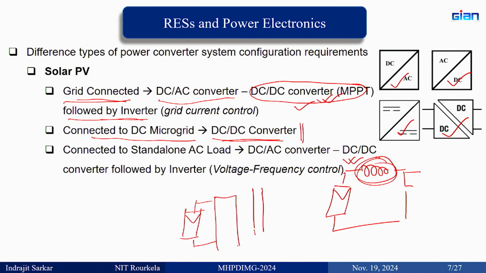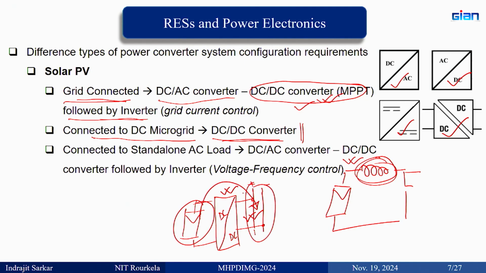Then you have the DC to DC converter. When this voltage is defined, you use a single converter and extract MPPT, that is you do it in current control, and then you extract power and deliver to this DC bus.